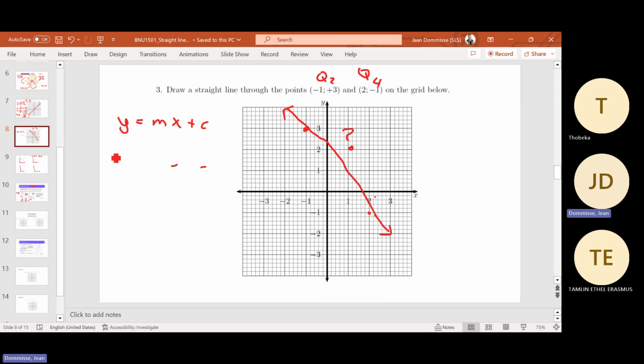So let's again work out the m, follow the same process, change in y over change in x. So there it is, 3 minus 1 over -1.